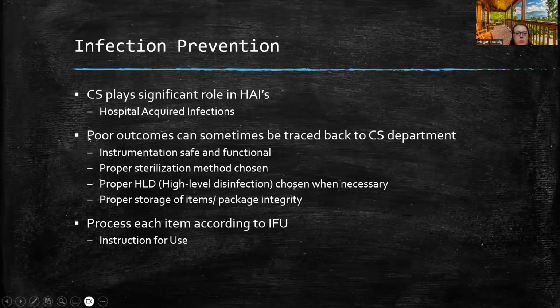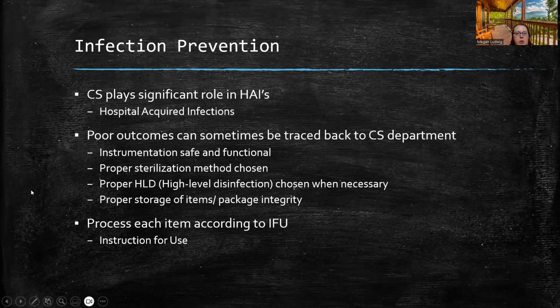So this is interesting. They've done a lot of studies on this. Poor outcomes, we're talking about patients, can sometimes be traced back to the central sterile processing department, if that's where you're working, because maybe instrumentation was not properly broken apart before it was cleaned. Maybe they didn't pick the right sterilization method.